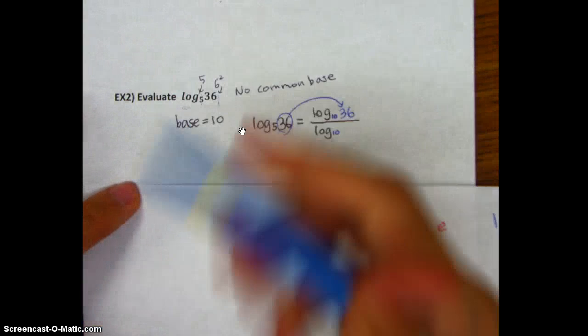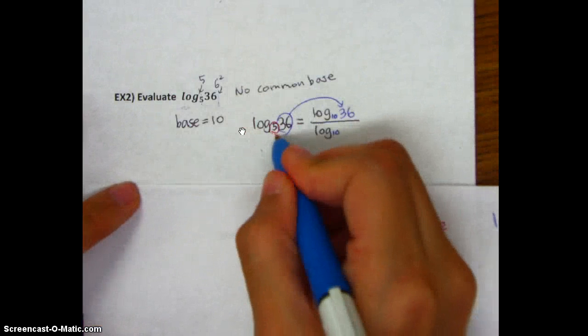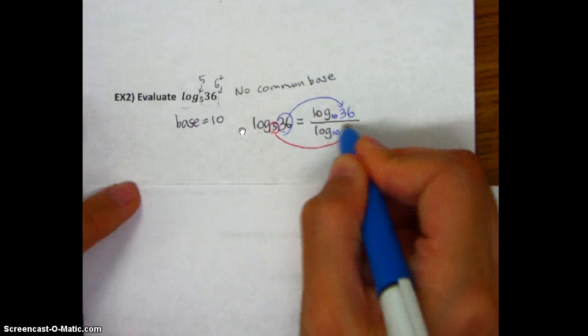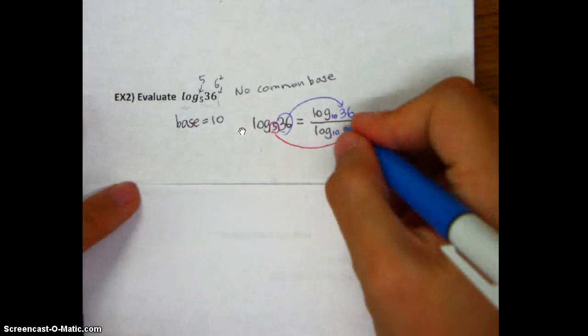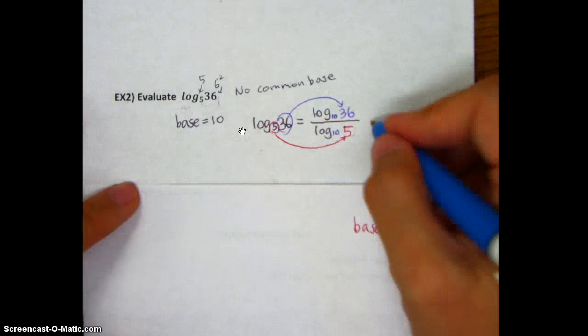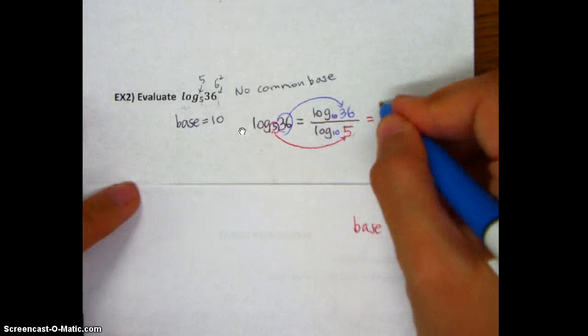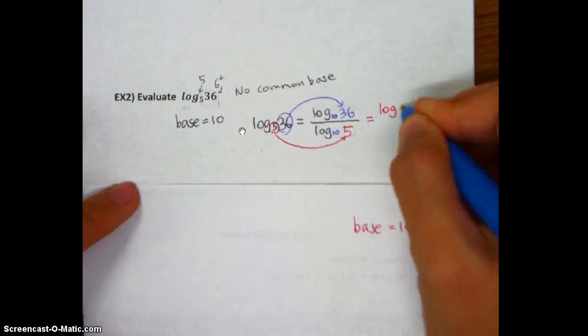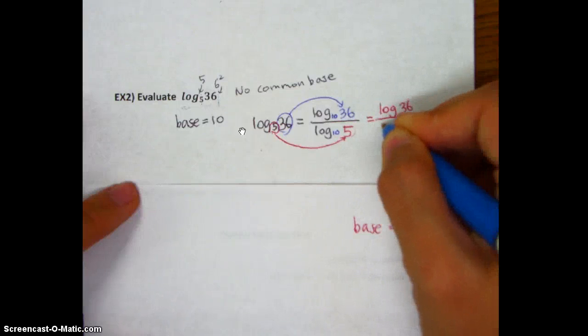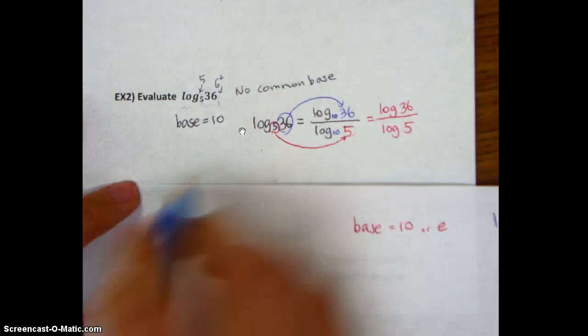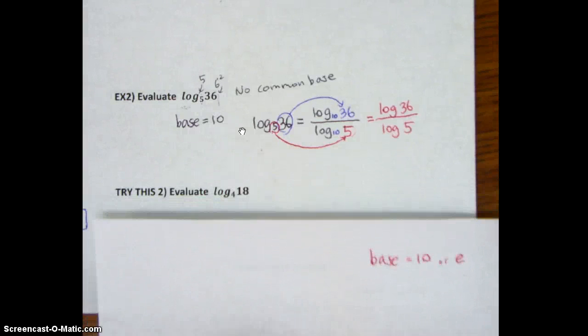And our old base becomes the new argument of the denominator, so it becomes 5. Because 10 is just a common base, common logarithm, I can just type this into our calculator and see what we have.